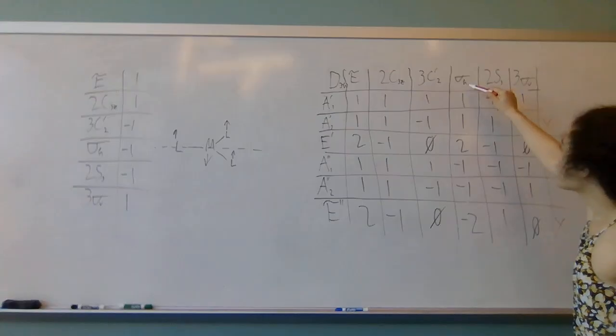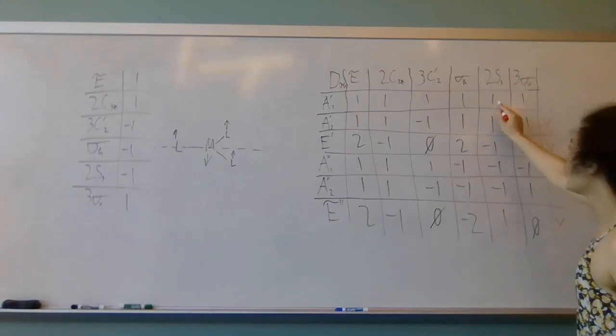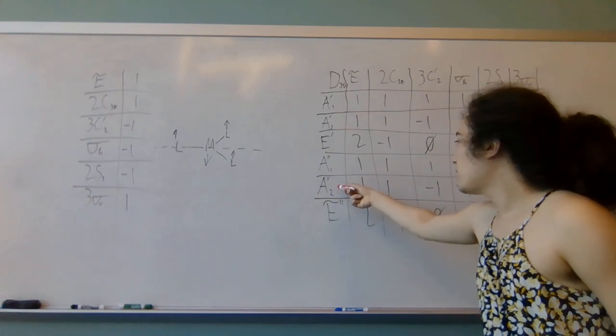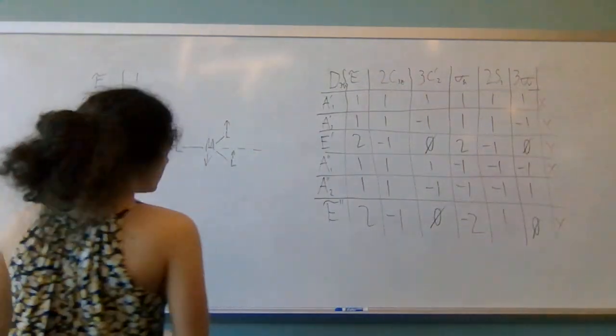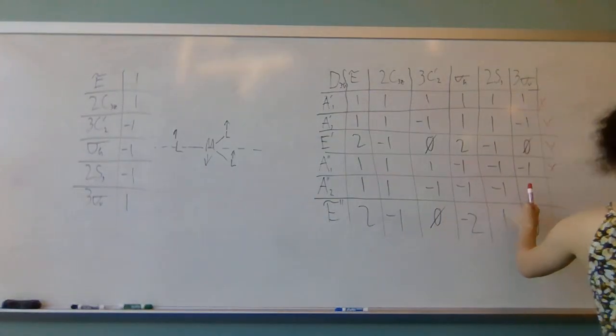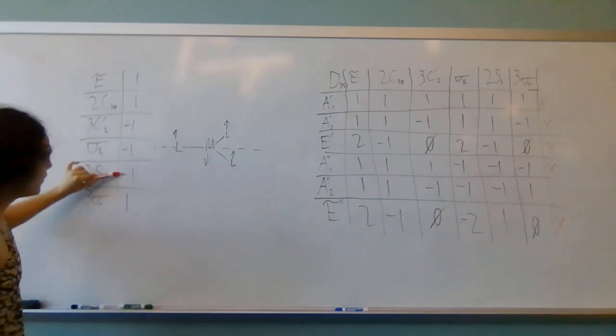So these two columns should be negative 1s. In this case, they're positive 1s. So now we've eliminated that. And if we look, all of the operations match in A double prime 2. We've got 1, 1, negative 1, negative 1, negative 1, 1, and we've got 1, 1, 3 negative 1s, and then 1.